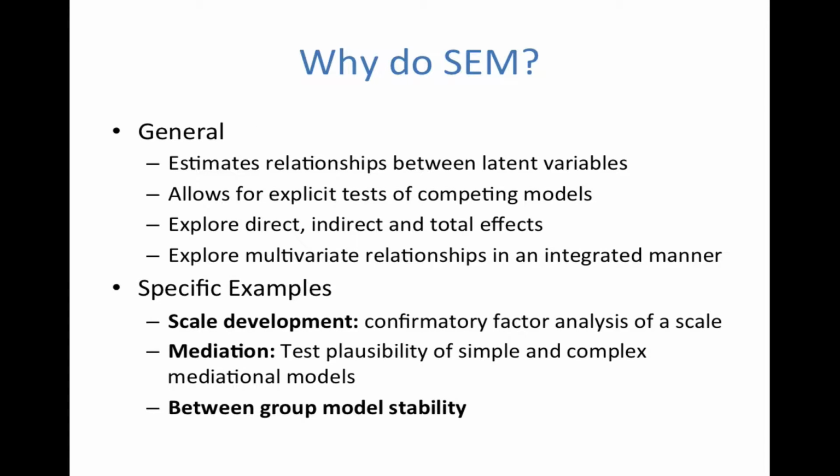So why might we do this thing called structural equation modelling? To start with, in psychology, we're often interested in latent variables. And is it clear what a latent variable is? Latent means it's there, but you're not exactly observing it directly.